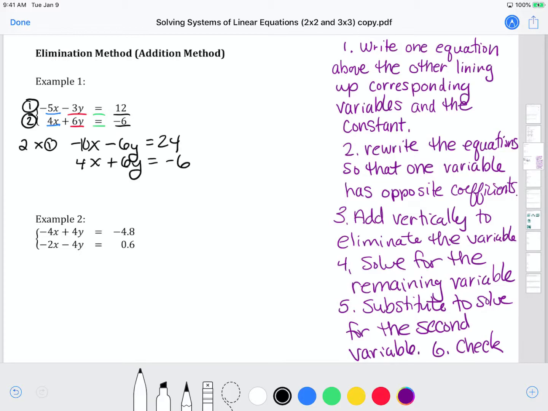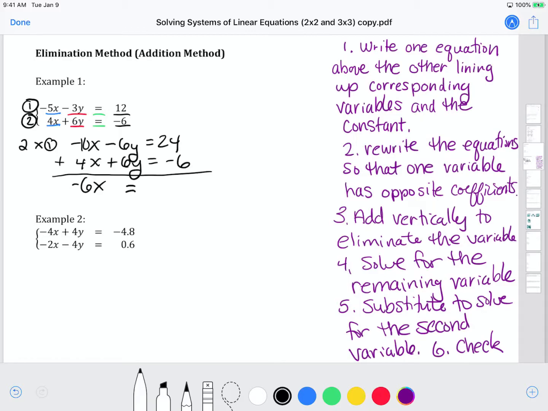Okay, now step 3 says to add them vertically. So now I'm going to add these two equations. So when I take -10x and a +4x, that's going to give me a -6x. When I add the -6y and the +6y, I get 0y, and that disappears.